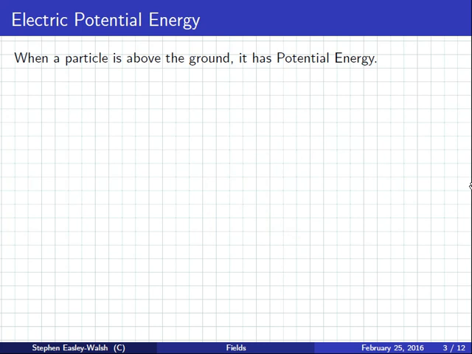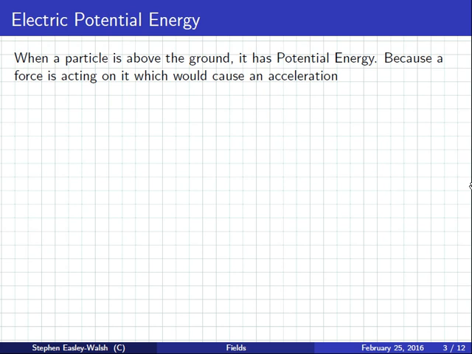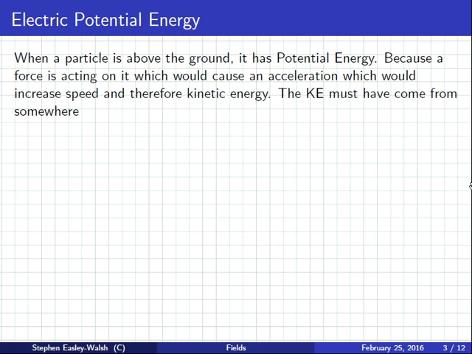Okay, so you know when a particle is above the ground, it has potential energy. And I would hope you remember the formula for potential energy, mgh. Because a force is acting on it, it would accelerate, which would increase its speed, which would increase its kinetic energy.